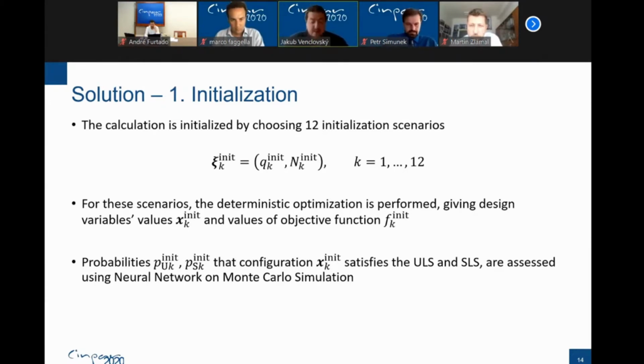On these scenarios, we train the neural network to be able to compute this dependence, and then we send to the neural network a large number of scenarios, usually a million or more, and the neural network can assess them very quickly.